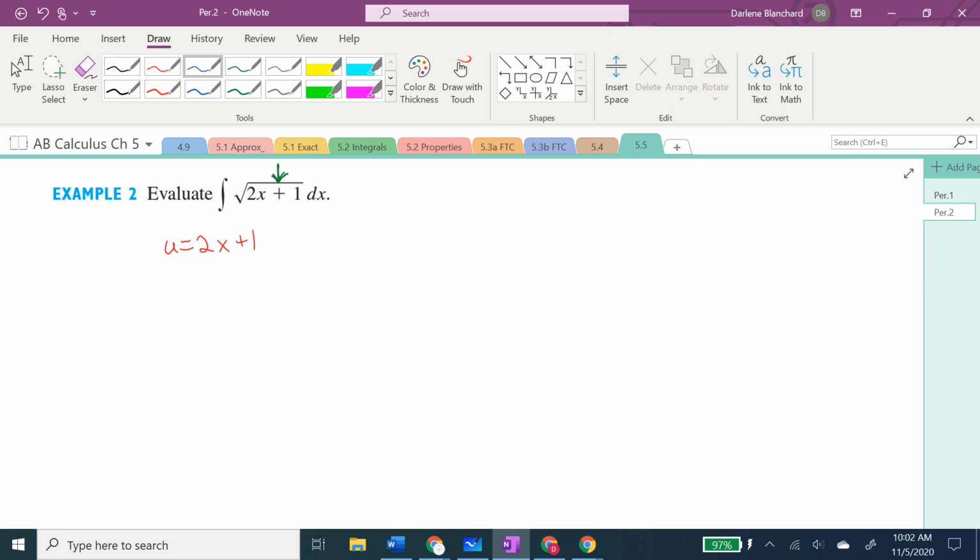Okay, so derivative. du/dx, the derivative of 2x plus 1 is 2. I'm going to multiply the dx over to the right side and divide the 2 over to the left side.